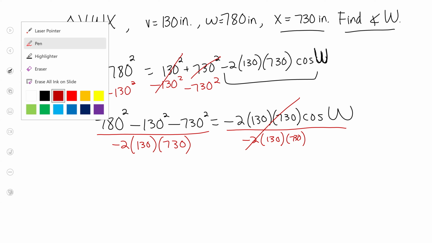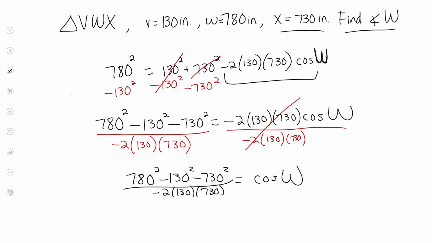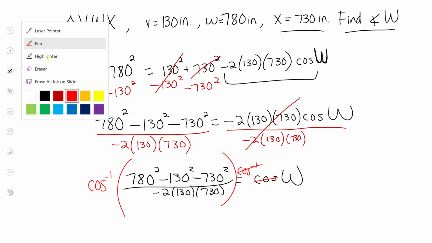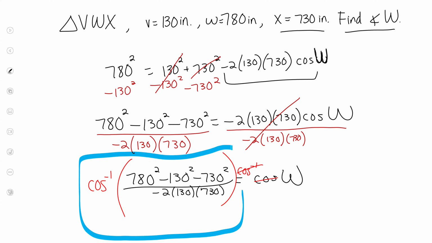Okay, so this is what I have. 780 squared and so on equals cosine W. Now, how do I get W by itself? What do I do to both sides? Cosine inverse. Those cancel. Now do the cosine inverse of this side. You're going to type all of this into your calculator, and that will give you W.